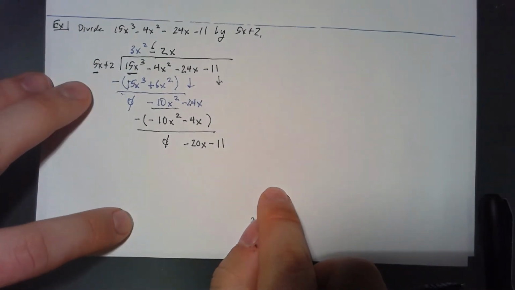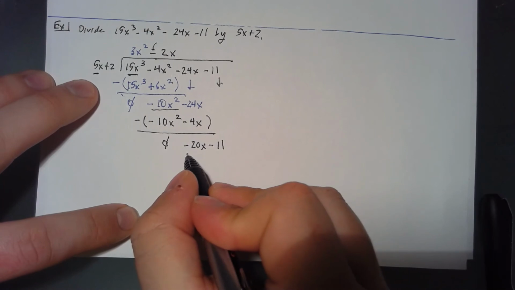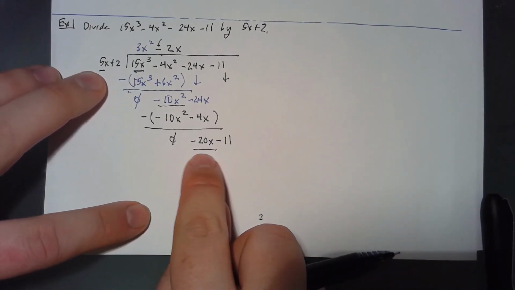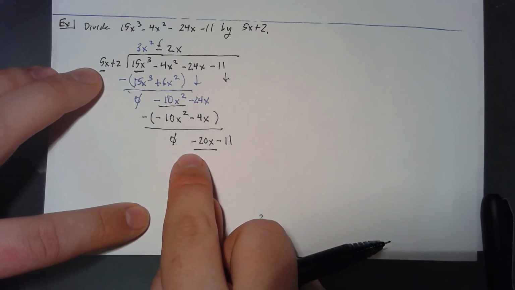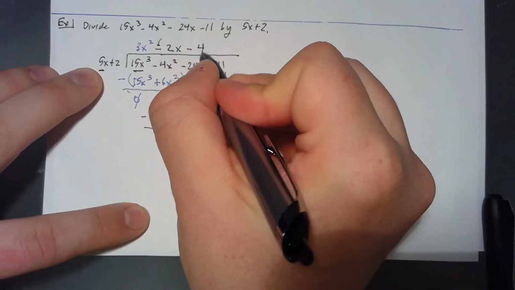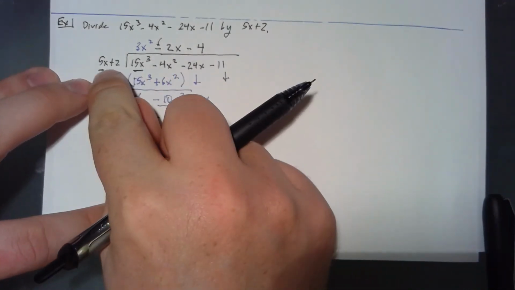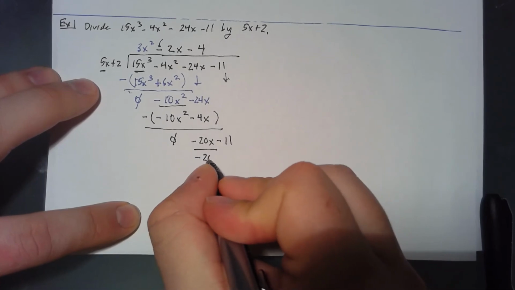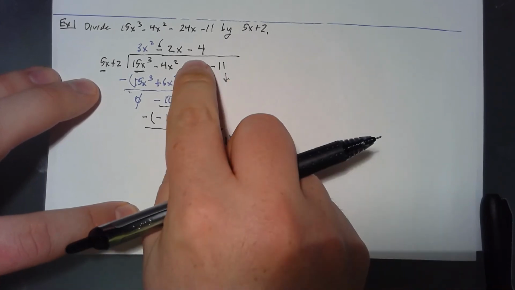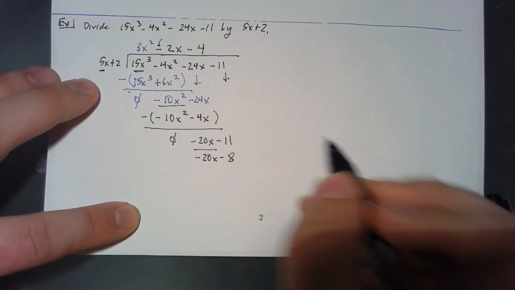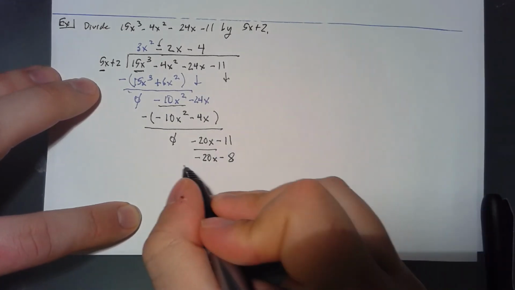All right. Repeat the question again. How many times does 5x go into negative 20x? Well, it's going to be minus 4, right? Minus 4 times positive 5x is negative 20x. Minus 4 times positive 2 is negative 8. I put that underneath the constant value.